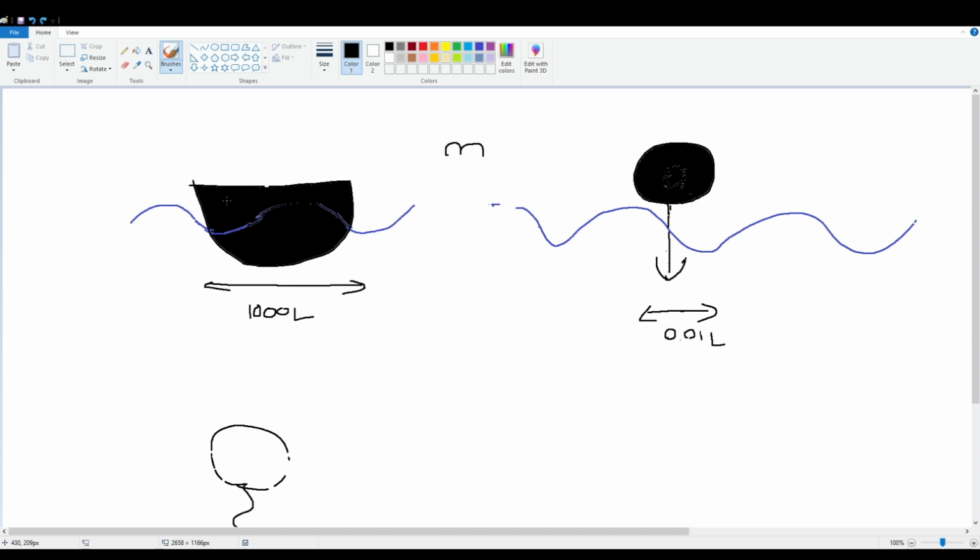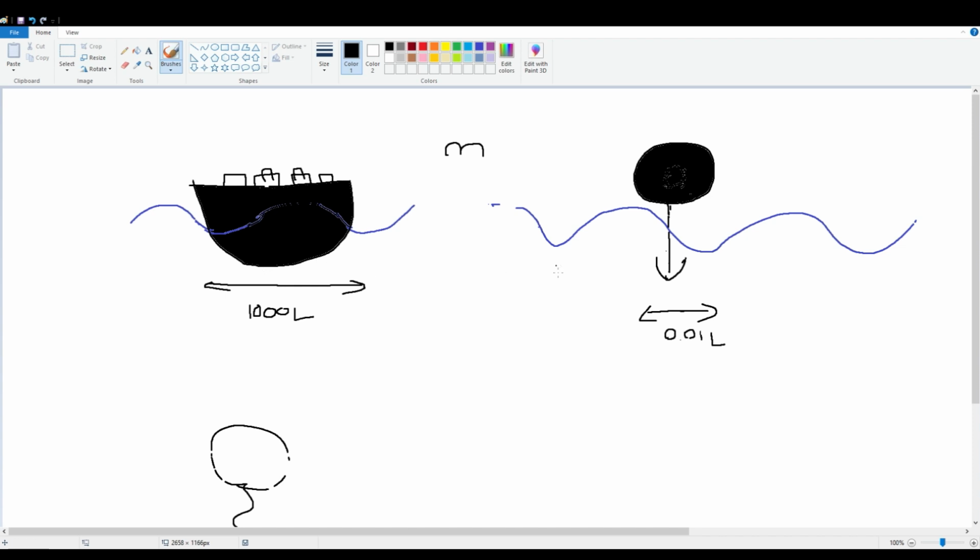However, for the boat, as we can see, if we kept adding weight to it, say more shipping containers, eventually there would be a point where the total weight of the ship would be greater than the weight of the water displaced by the ship, causing it to sink.